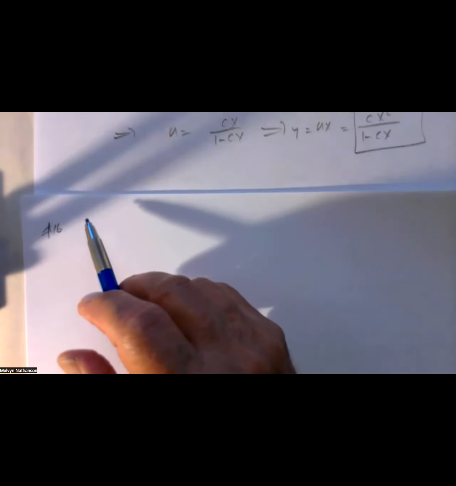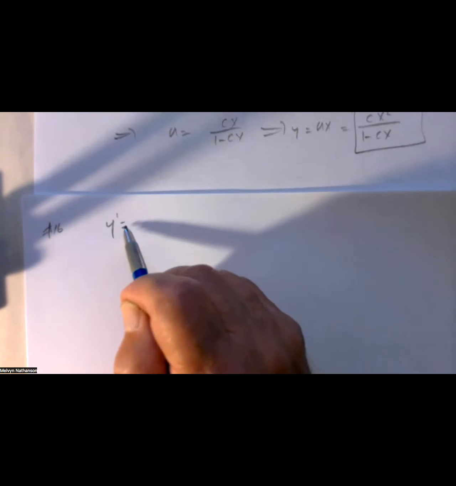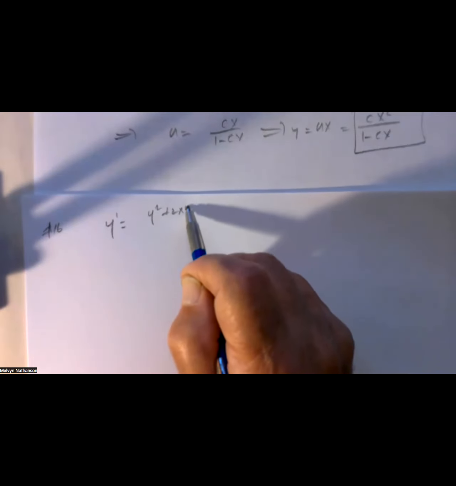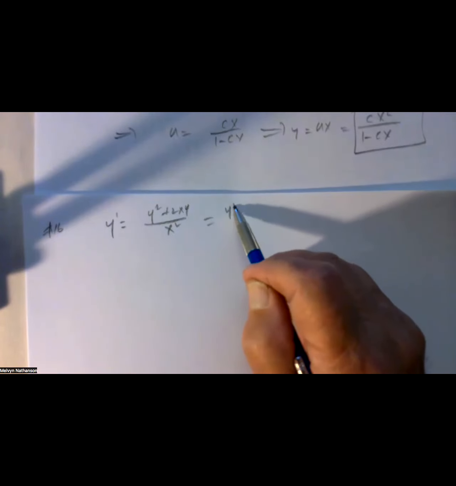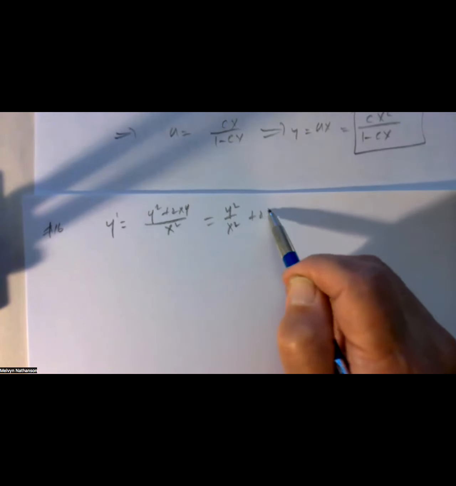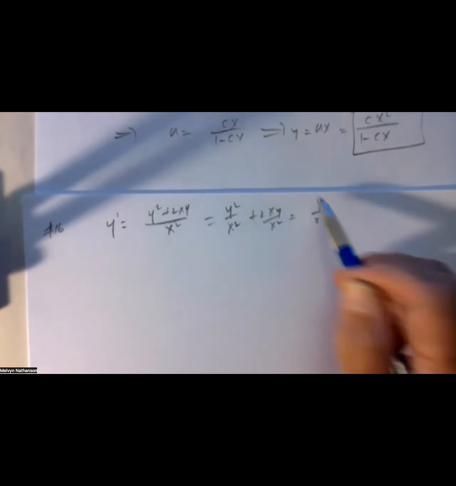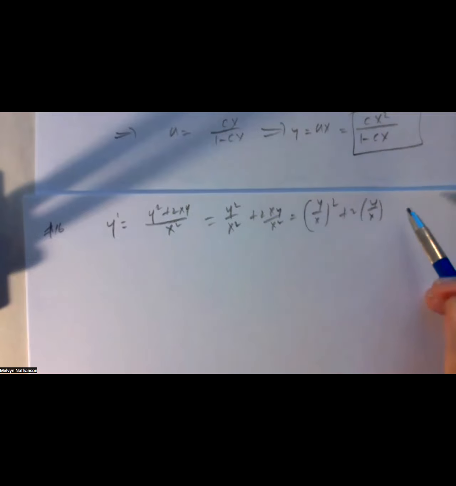So problem 16, solve the equation explicitly. y prime equals y squared plus 2xy over x squared, which is y squared over x squared plus 2xy over x squared, which is (y over x) squared plus 2y over x, which is u squared plus 2u, if we let u be equal to y over x.